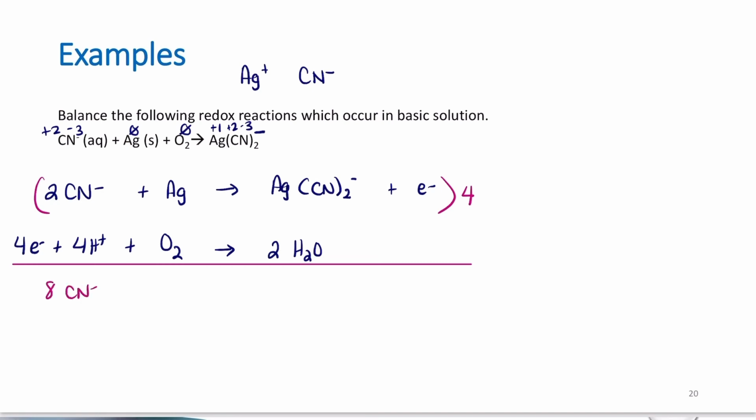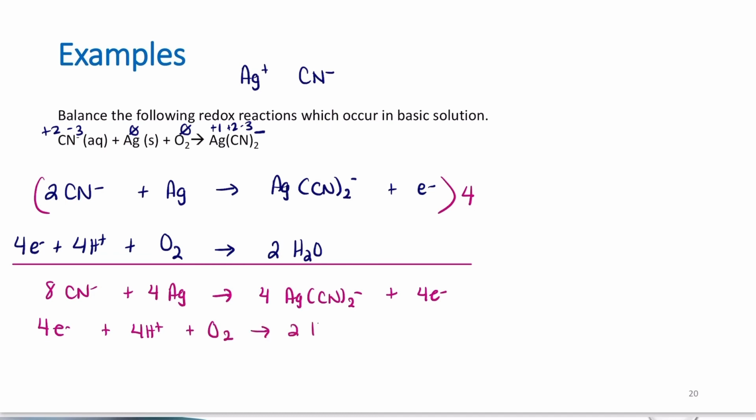8 CN minus plus 4 Ag gives me 4 AgCN2 minus plus 4 electrons. 4 electrons plus 4H plus plus O2 gives me 2 H2O.